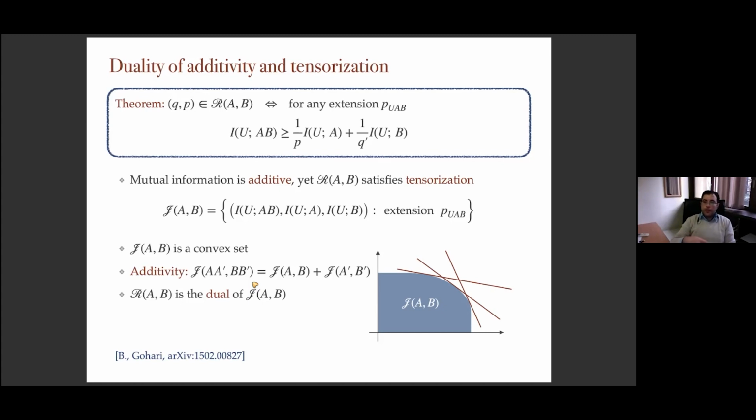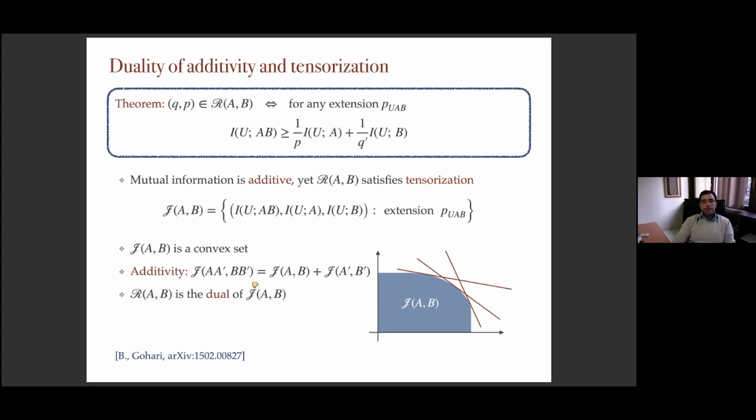So in some sense, the duality of additivity and tensorization is even deeper than that. You can start with any source coding problem, take its dual, and the dual would satisfy the tensorization property. And it's a measure of correlation if the starting source coding problem has some nice property.